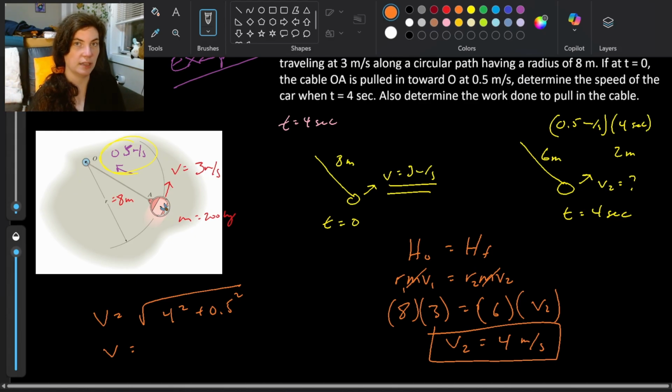This is one of the few cases where we have a tangential and a normal velocity due to that rope being pulled in. So two separate things causing these velocities.